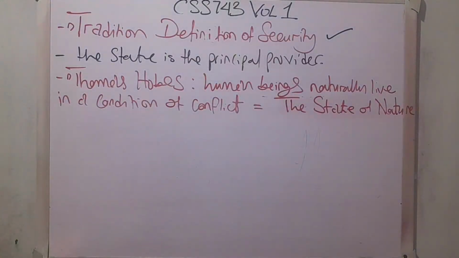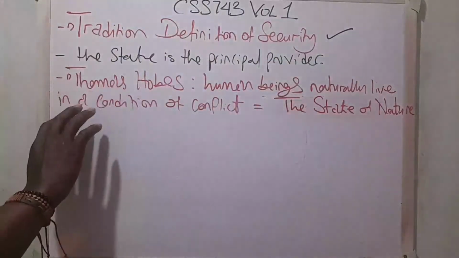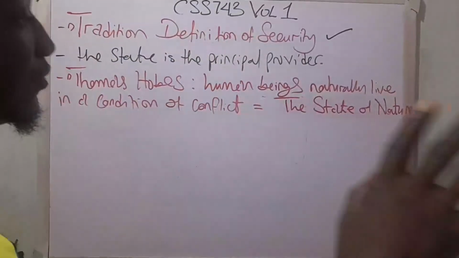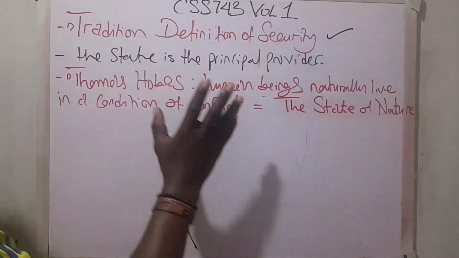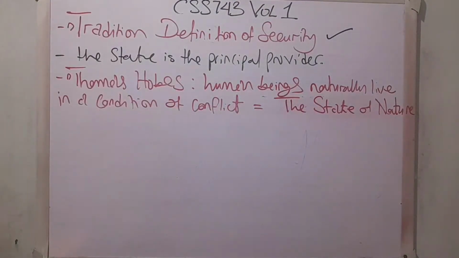So this is still under the traditional definition of security. We understand what it means already, and we also use Thomas Hobbes' perspective to further strengthen the concept of the traditional definition of security.